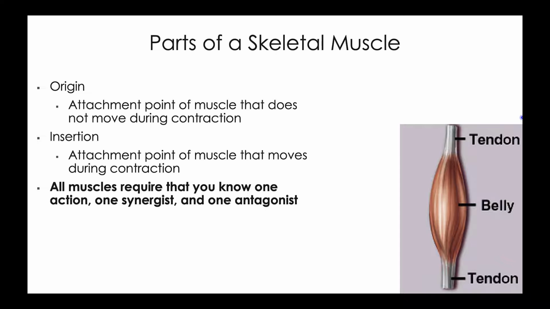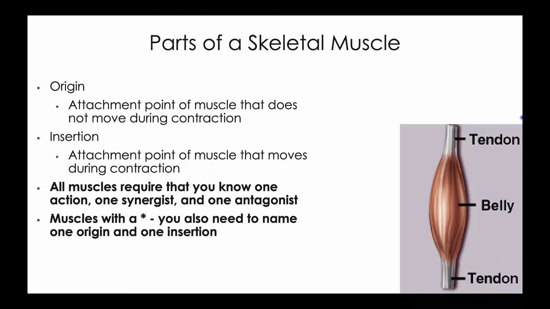If you're learning one muscle flexes the forearm, you're going to want to think of a muscle that's extending the forearm, and that can give you your antagonist. It is not as complicated as you might think, but getting all the actions down does take some time, and so that's why you're going to want to study these in groups and compartments as you move through these labs.